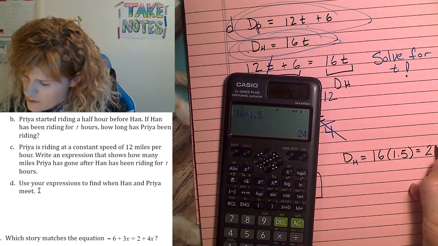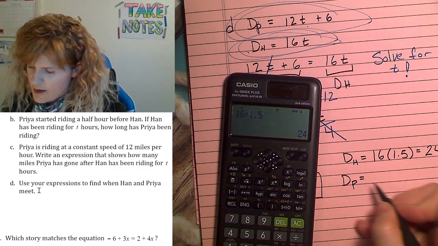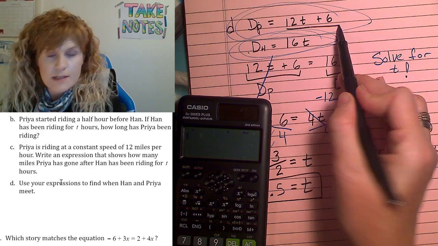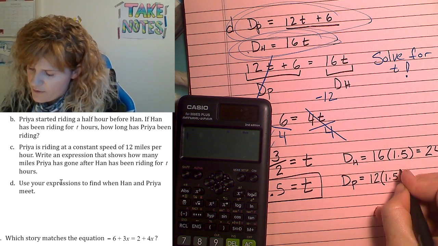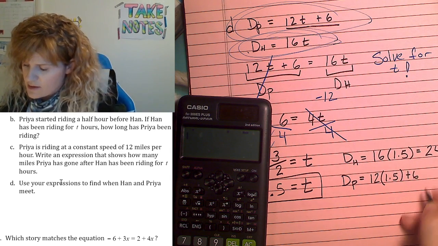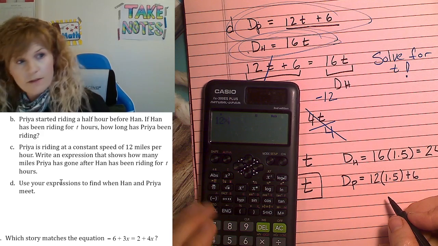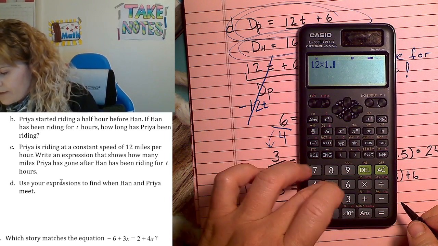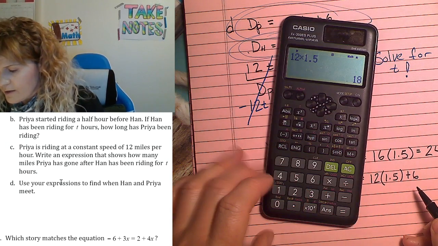See? 24. And then the distance that Priya has traveled is 12t plus 6, 12, and the t is 1.5, plus 6. 12 times 1.5 is 18. I'll just double check myself. 12 times 1.5 equals 18, right? 18 plus 6 is 24.